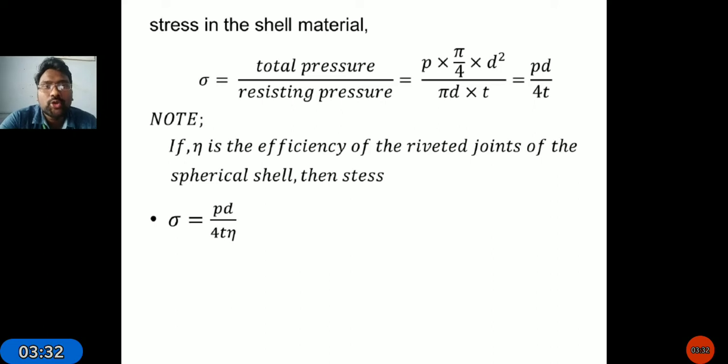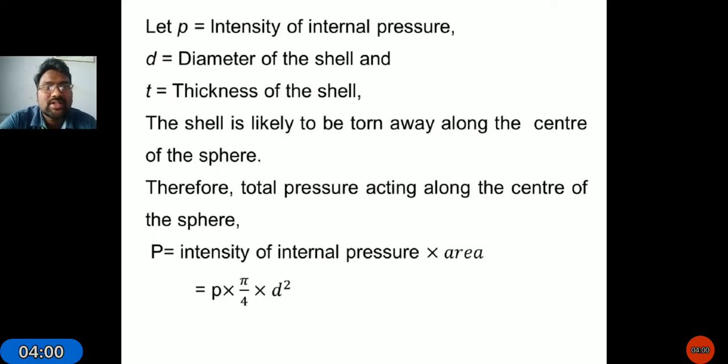Now we are going to calculate the stresses in the shell material. Here the resisting pressure is equal to the total pressure. Whatever amount of pressure we apply, the same amount of resistance will be developed, so stress is equal to total pressure by resisting area. Here the total pressure we already calculated: intensity of internal pressure into area, that is P into pi by 4 d square.